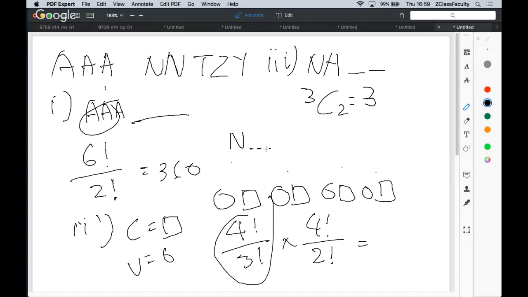Okay. So say case 1 is no A's, case 2 is 1 A and 2 other letters, case 3 is 2 A's and 1 other, and the other one is 3 A's.